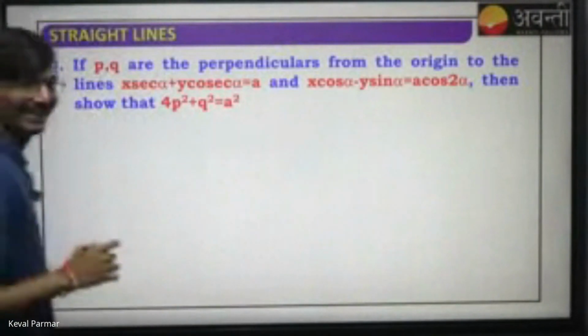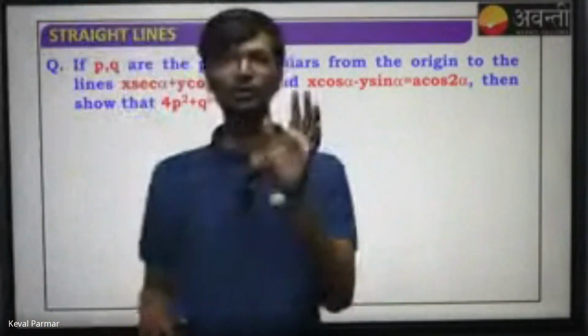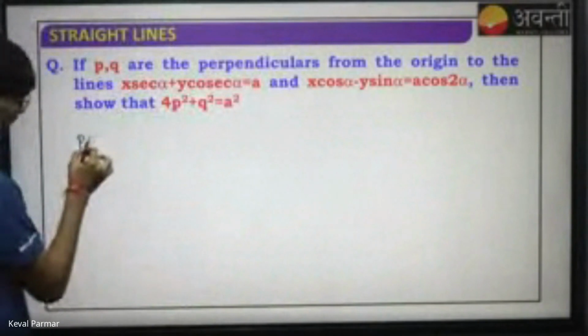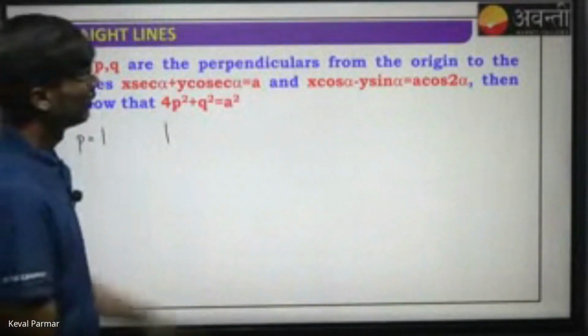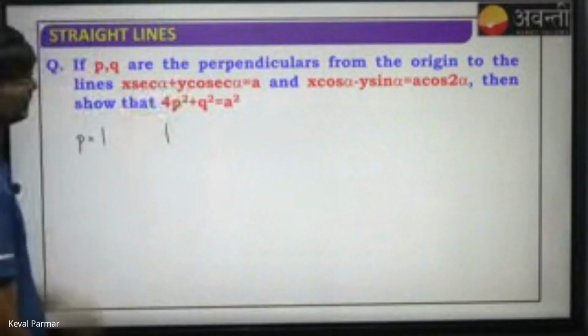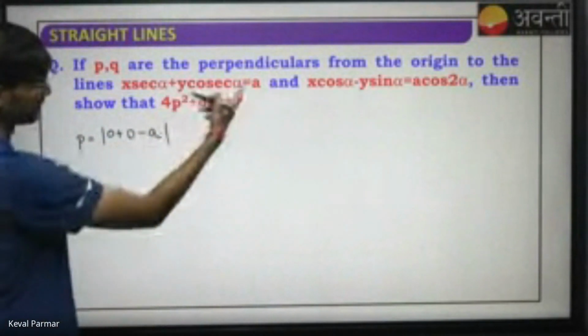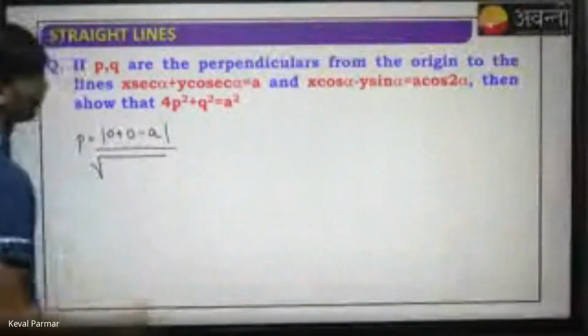So I am writing directly. I hope you will understand. If you do not understand, just raise your hand or write in the chat box. So p will be equals to modulus of origin. So substitute origin here. So I'll get 0 plus 0 minus a. This a will come on the left hand side upon under root of coefficients.